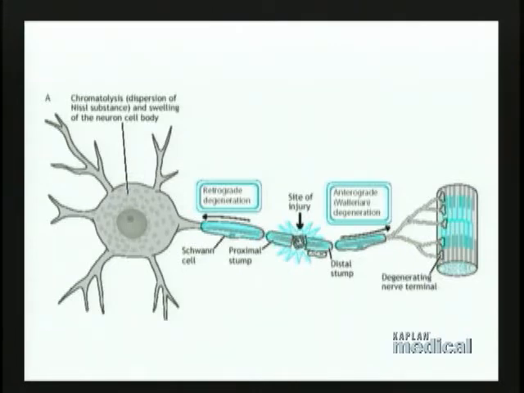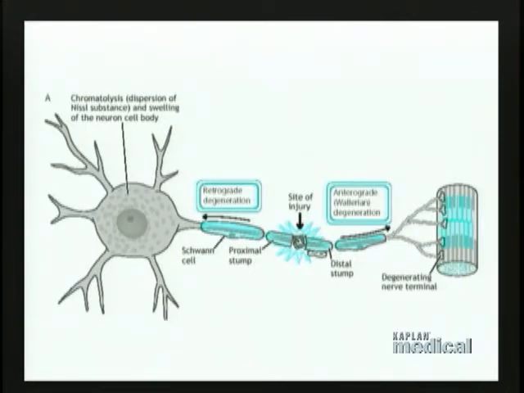When you cut an axon, you basically get two forms of degeneration. You get what is known as anterograde or Wallerian degeneration, where all parts of the axon distal to the cut completely degenerate because they've been cut off from their site of nutrition, obviously the cell body.